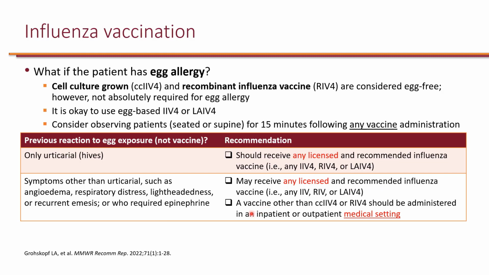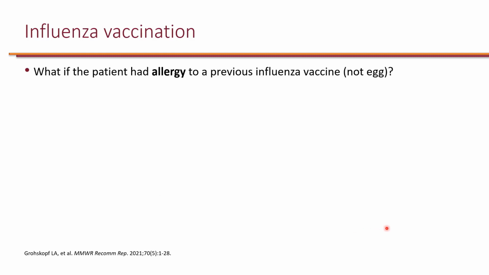However, the CDC recommends a vaccine other than cell-cultured or recombinant should be administered in an inpatient or outpatient medical setting, so a healthcare professional can observe the patient and intervene should there be an anaphylactic reaction. Of course, if the patient received recombinant or cell culture, then monitoring in a medical setting is not required.